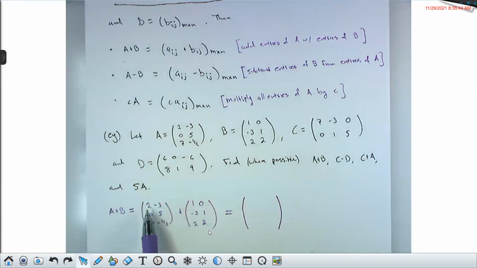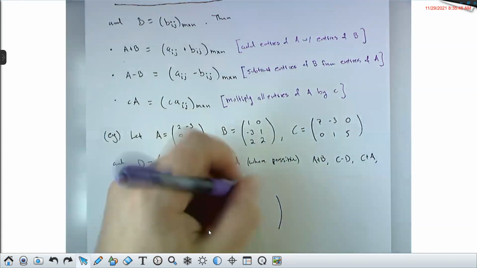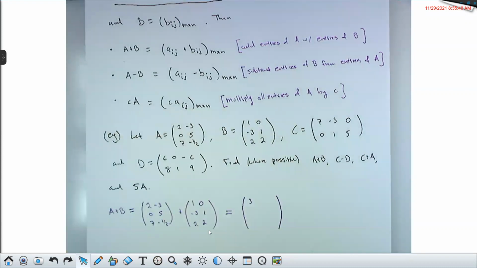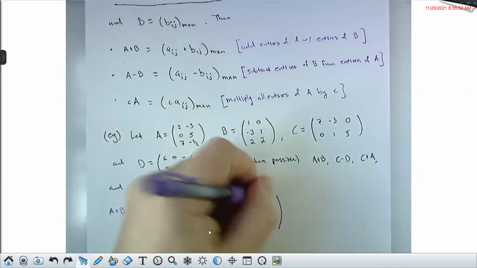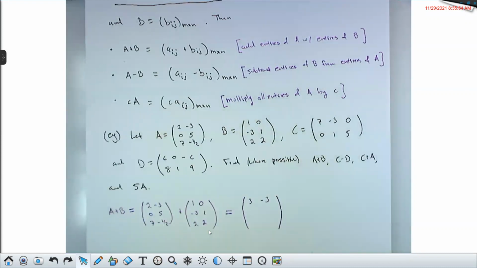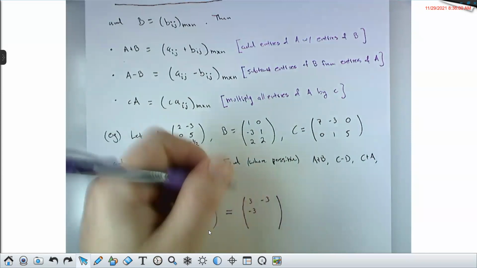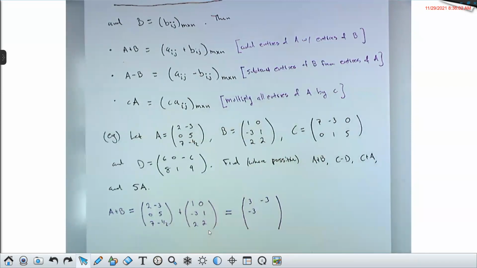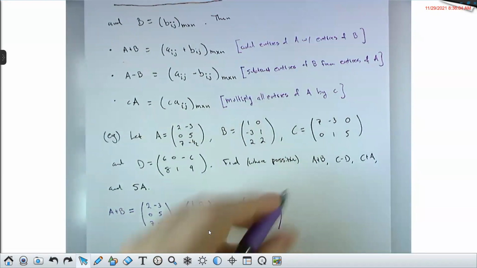The 1, 1 entry is going to be 2 plus 1, it's 3. The 1, 2 entry is going to be -3 plus 0, which is -3. The 2, 1 entry is 0 plus -3, which is -3. The 2, 2 entry is 5 plus 1, which is 6.